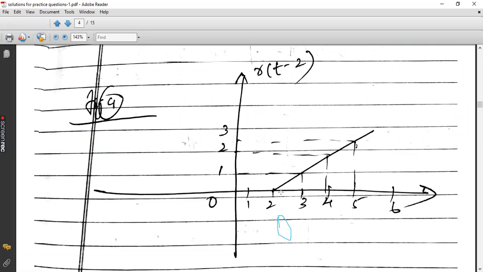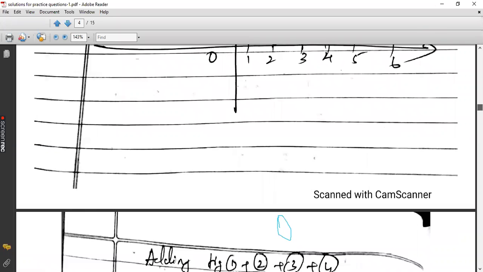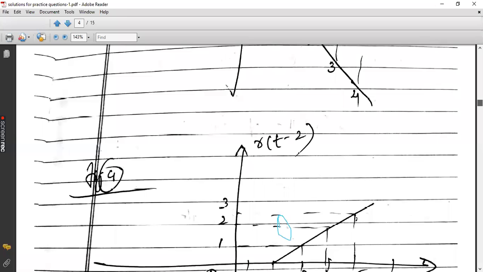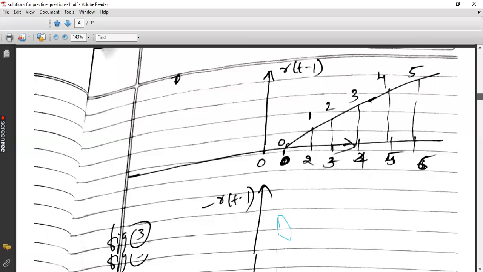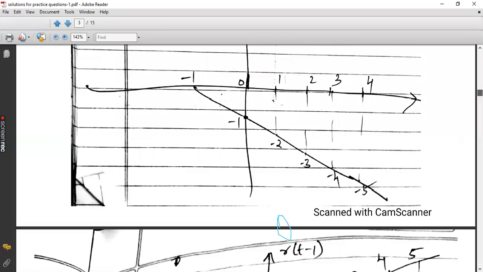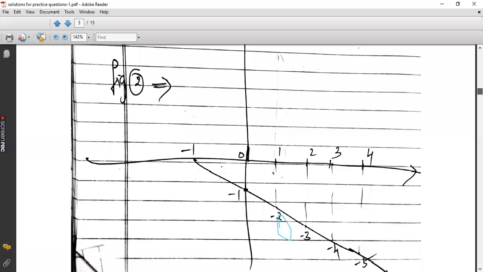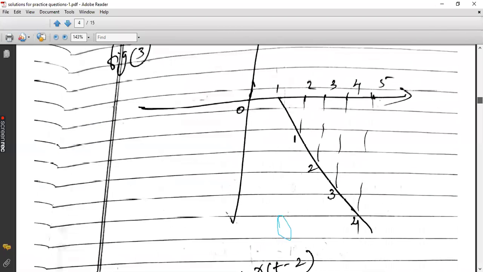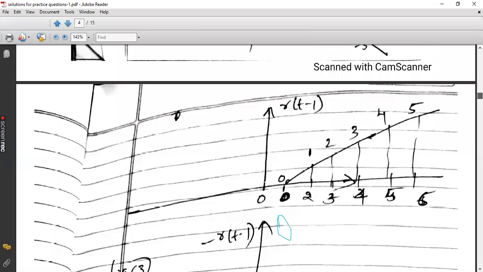In 1 to 2, there is no signal. And here in figure 3, you are having a negative ramp whose amplitude is minus 1. Here it is minus 3. So minus 3 plus minus 1, it is minus 4.